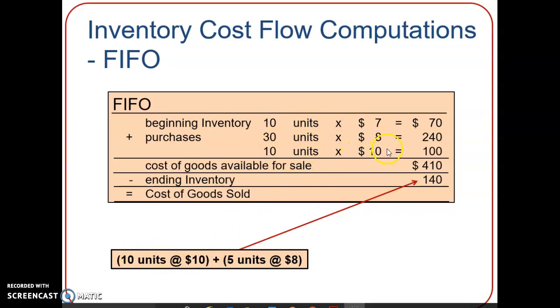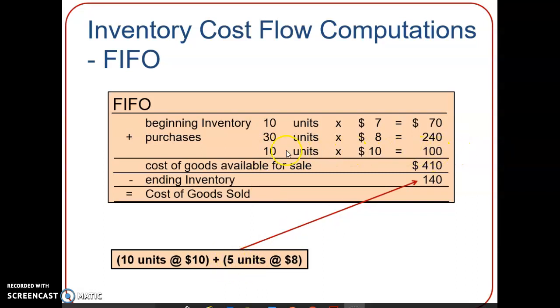The last purchase was made to get 10 units at $10 each. So we're going to take 10 units at $10 each. That's $100. But we're looking for 15 units. So we found 10 units. We need to find another 5 units.